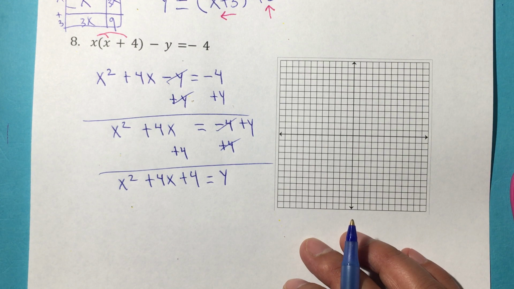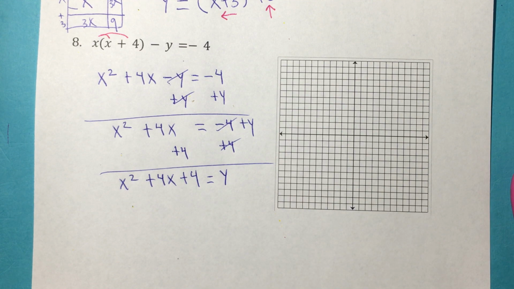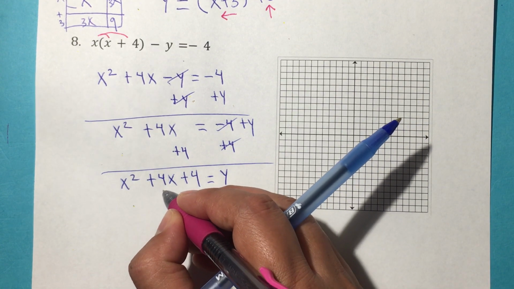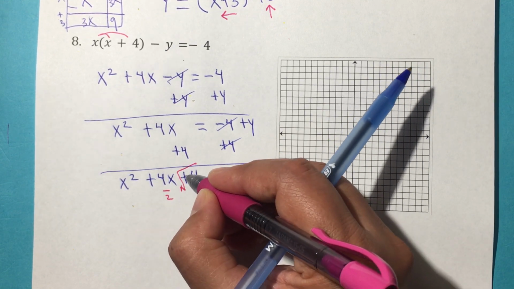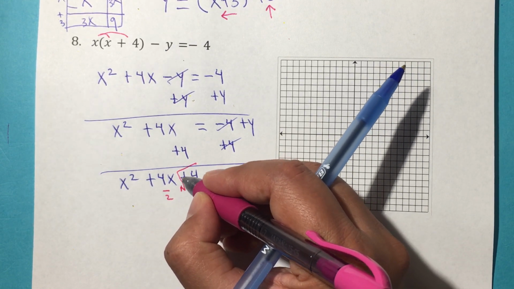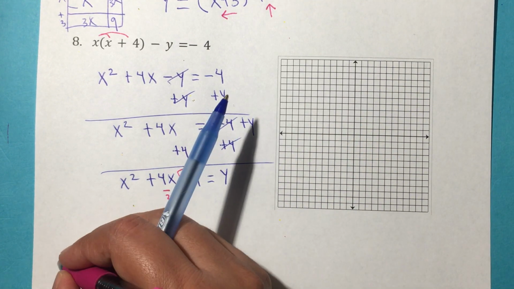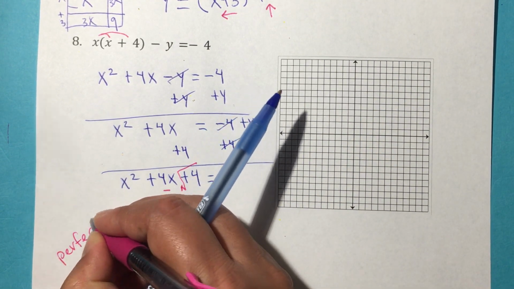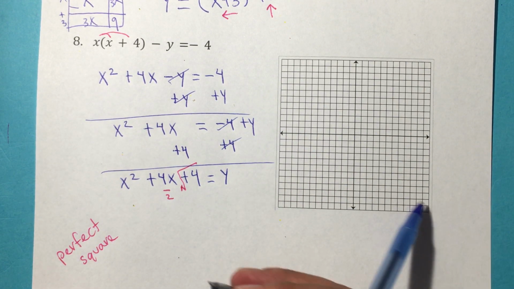And some people can already see that this is a perfect square. How do we know if something is a perfect square? If you divide by 2, and take the square root of the last term, including the sign, because this one always has to be positive, and you get the same answer, then that's a perfect square. Okay, how do you do that?